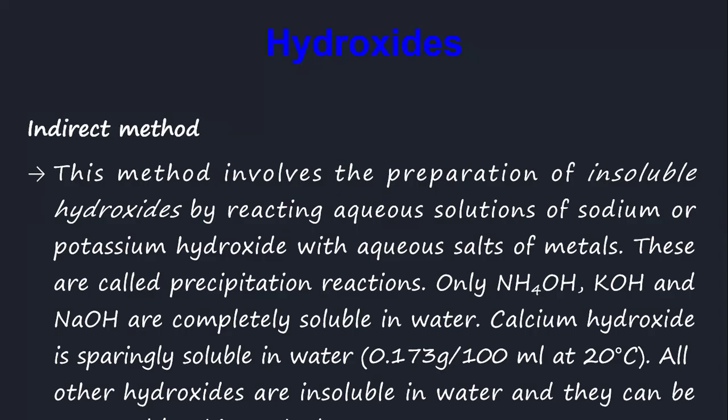Calcium hydroxide is sparingly soluble in water, at 0.173 gram per 100 milliliters at 20 degrees. Now, all other hydroxides are insoluble in water, and they can be obtained in this way.